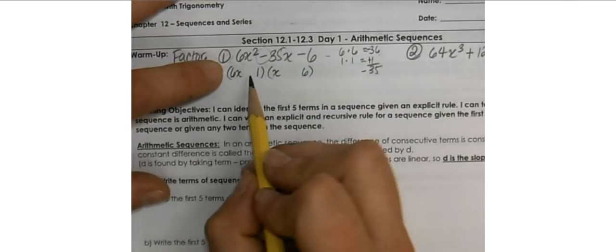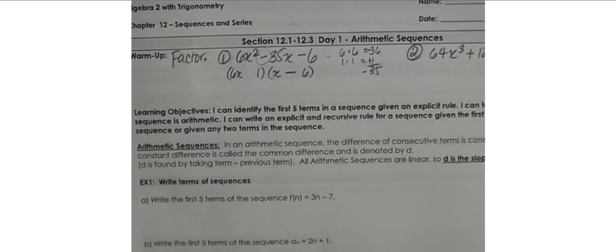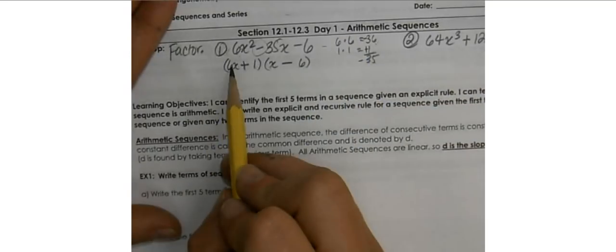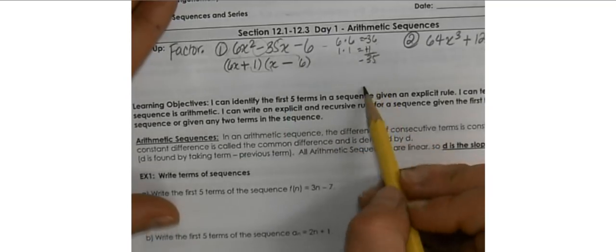And I believe that if I made the sign in between the x and the 6 a minus, and in between the 6x and a 1 a plus, I think we would have our answer. 6 times negative 6 is negative 36, and 1 times 1 is 1, and negative 36 plus 1 is negative 35. And there is our factorization.